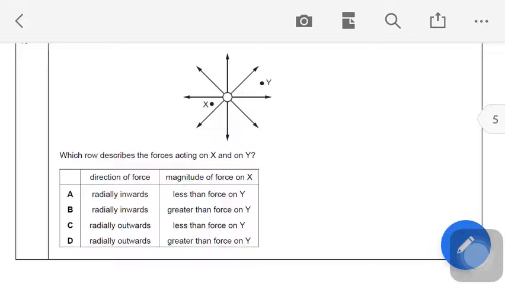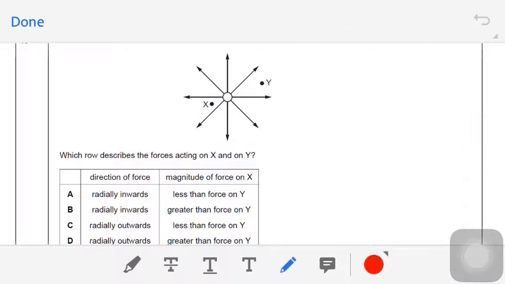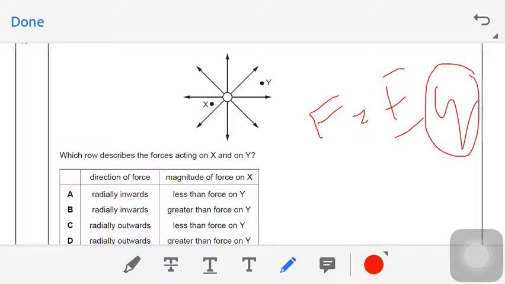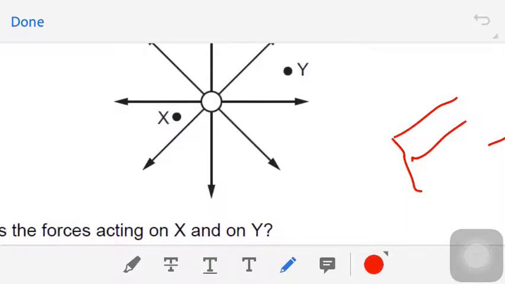Now how are we going to determine the force? We learned that the force on the electron is equal to EQ. The charge of the two electrons is the same, so based on the electric field strength only, their forces are going to differ. Now X is in a region where the lines are closer together.